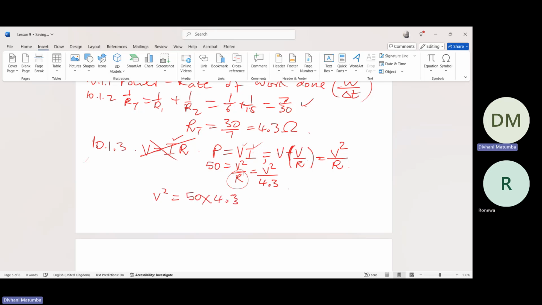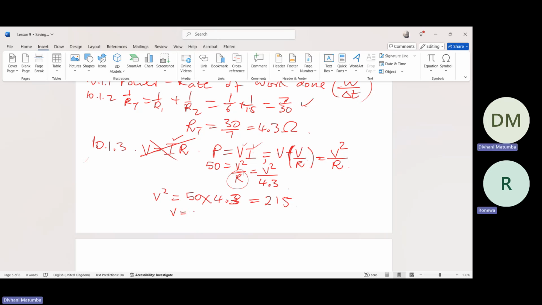I don't know if you agree. Yes, I do. Okay, so 50 times 4.3 will give you 215, and then we'd have to square root it. 215. Yes. Okay. And then we automatically square root it to get rid of the square.